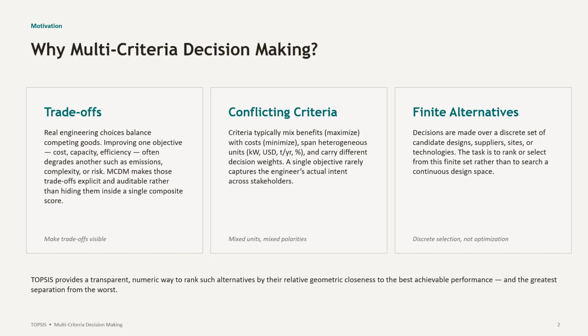So why multi-criteria decision making? Now, the major reason why multi-criteria decision-making is applied and gaining popularity nowadays is due to the capability of this type of technique to make trade-offs between the criteria and alternatives explicit and auditable, rather than hiding them inside a single composite score.